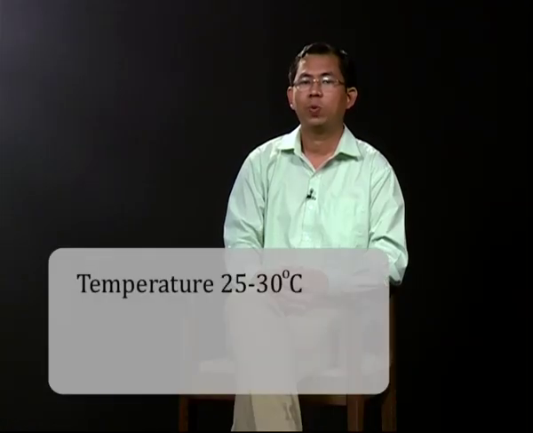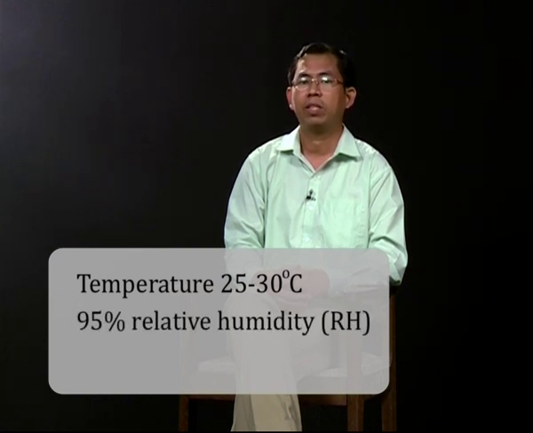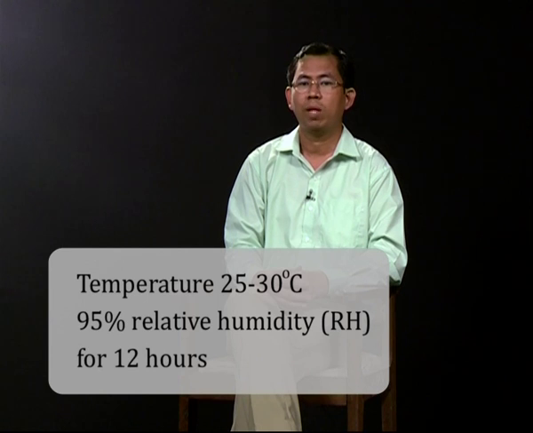The pathogen remains viable for 14 months on fallen leaves, dead stems and diseased twigs attached to trees. A temperature of 25 to 30 degrees centigrade with 95% relative humidity for 12 hours is conducive for development of the disease.